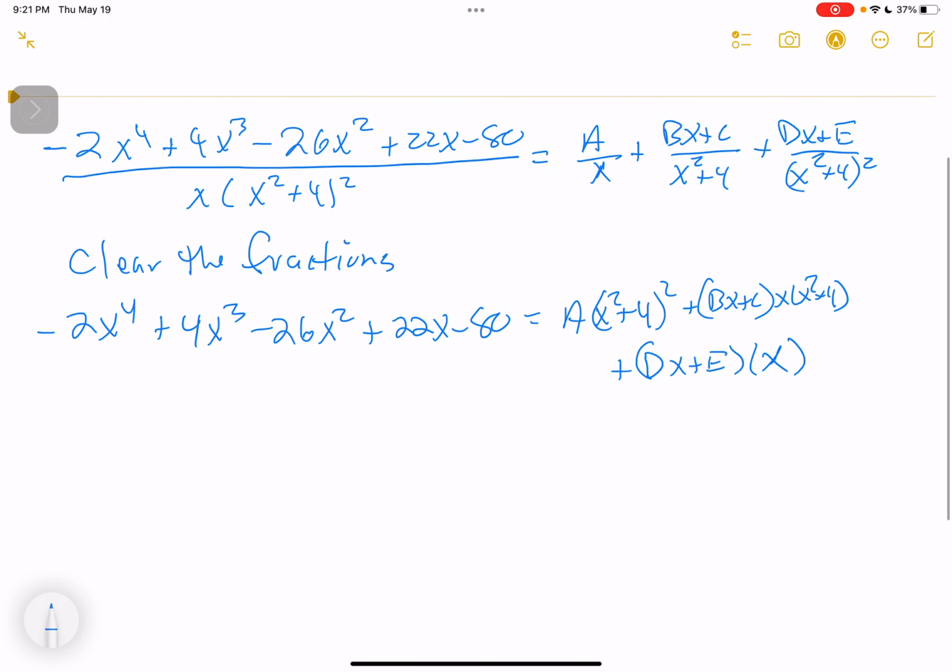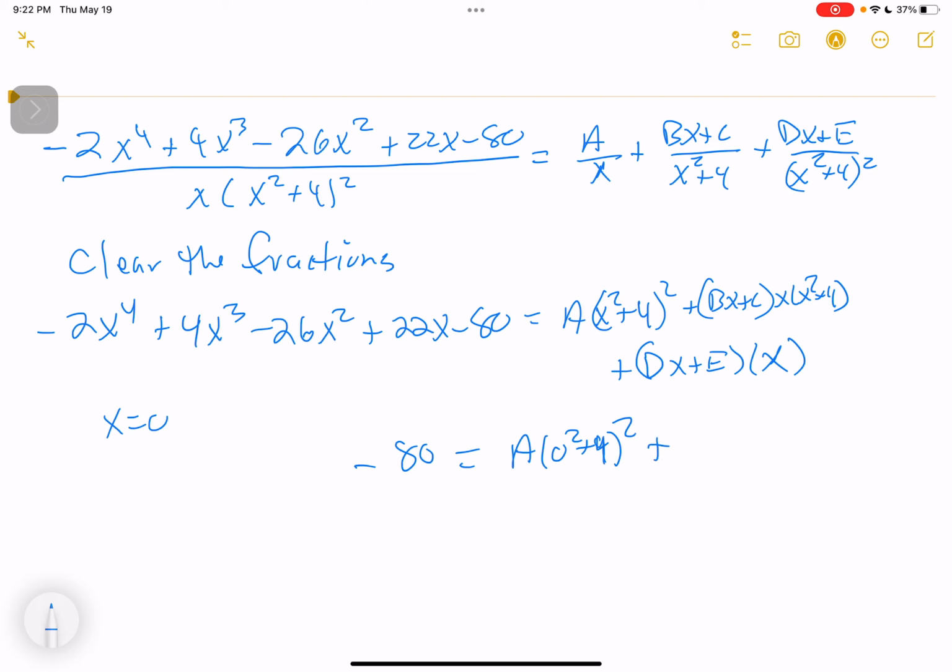Okay, now in this case, I could put the x in there as 0. So I could try that. I'll say x equals 0. On the left, I get 0, 0, 0, 0. I got a negative 80 on the left. On the right, I have this A times 0 squared plus 4 squared.